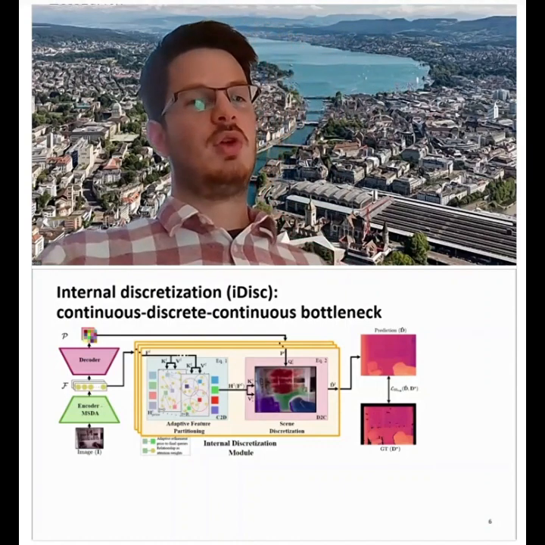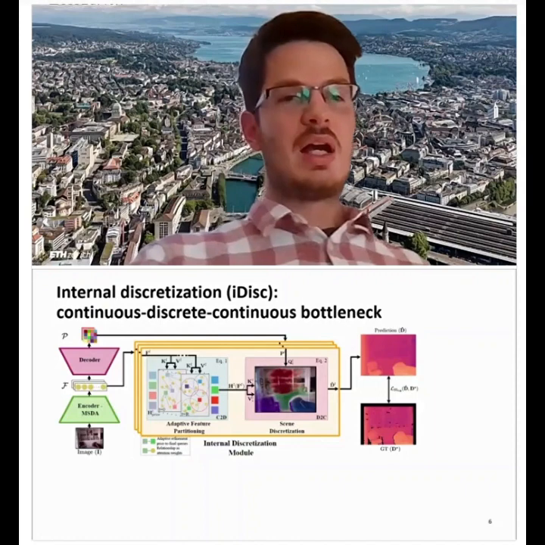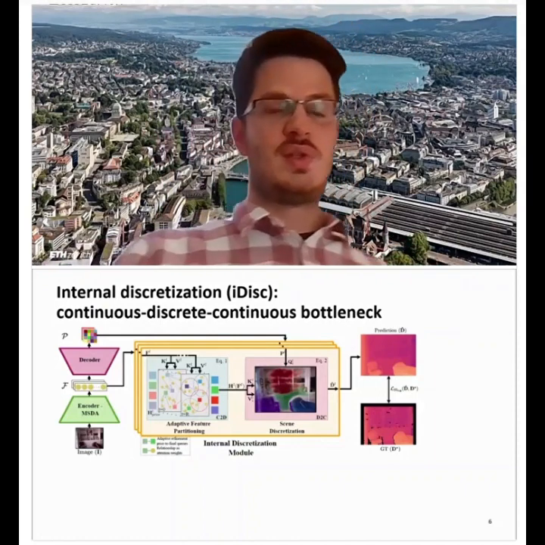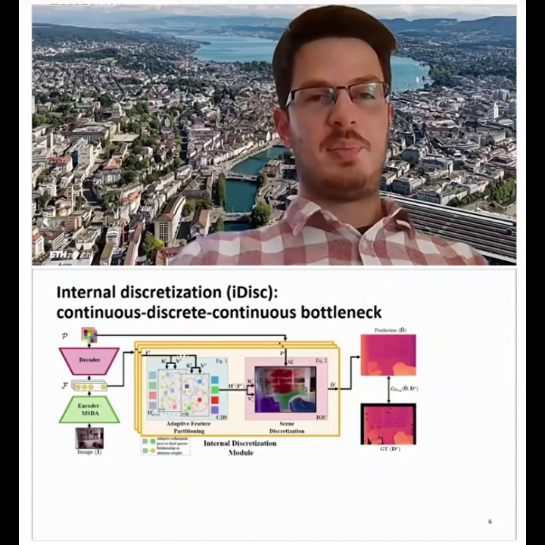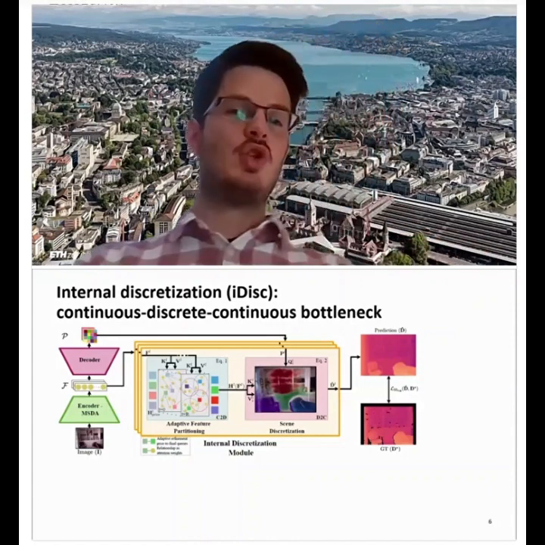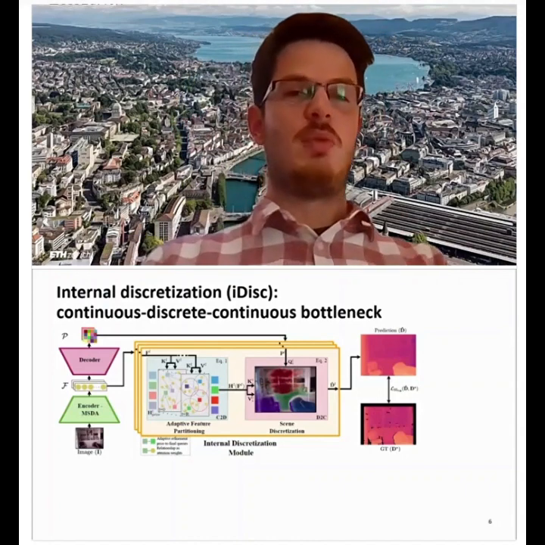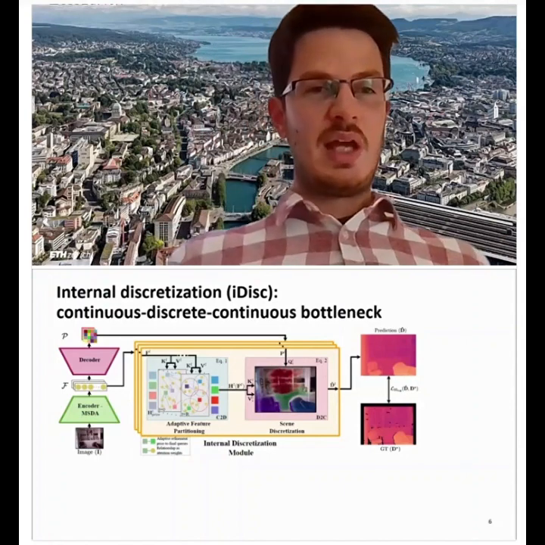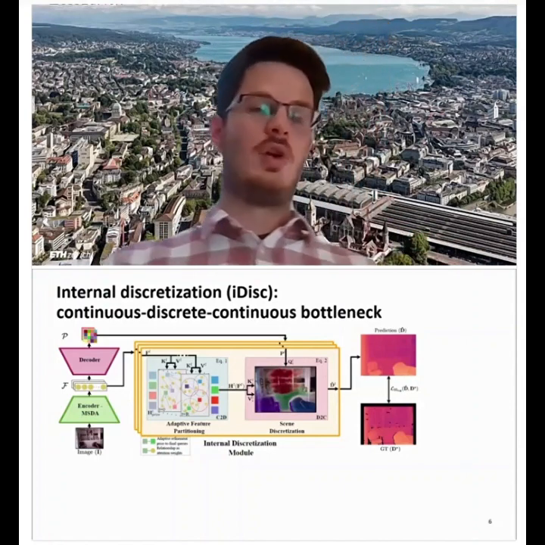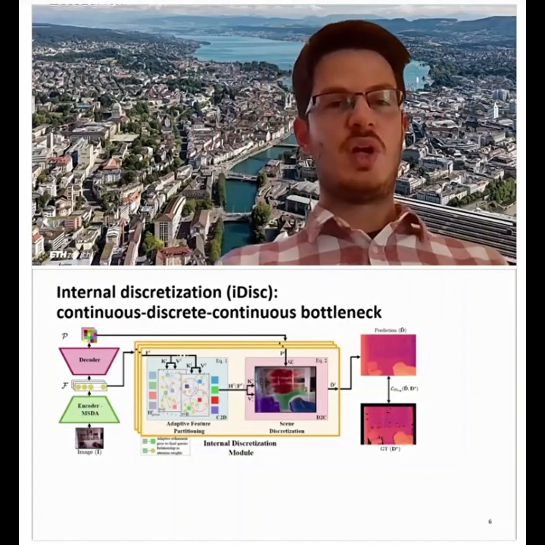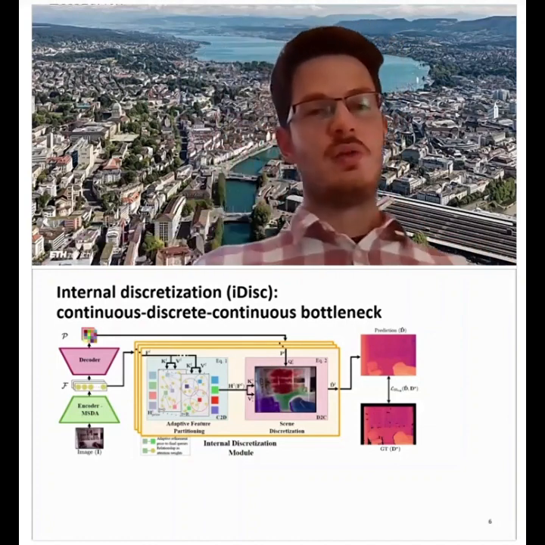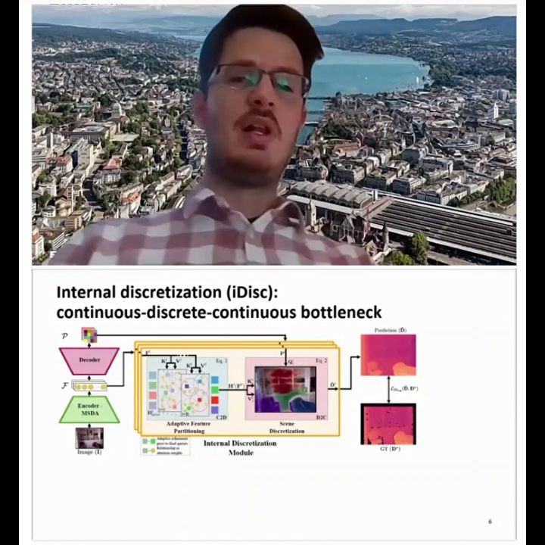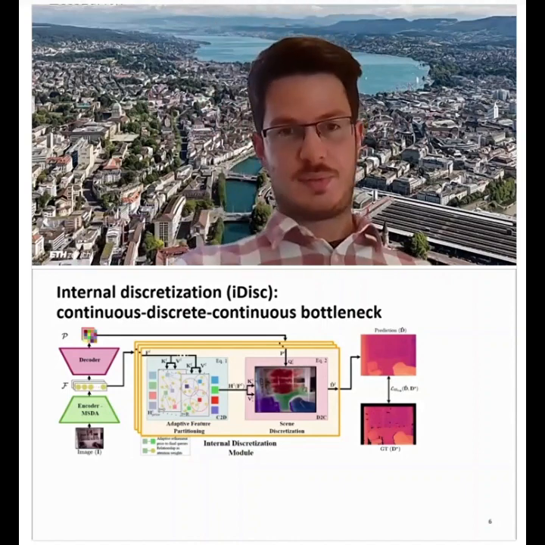Now, the core contribution in this work is the introduction of a continuous-discrete-continuous bottleneck, which is denoted here with the multiple orange boxes. This module we call the internal discretization module, and it basically enforces the internal representations that the basic encoder-decoder network extracts to be clustered in a soft, input-dependent manner into different high-level abstract concepts.